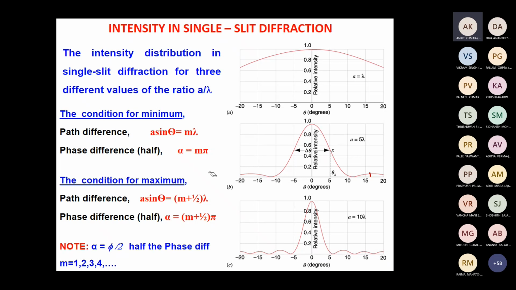And you have a condition where you can approximately find a maximum, not the central maximum. When I talk about a maximum in diffraction, it is apart from the central maximum. It can be found at a sin theta is equal to (m plus half) lambda, approximately halfway between two minima.